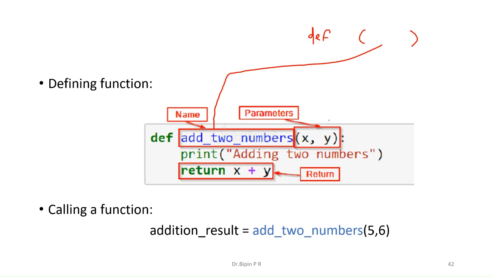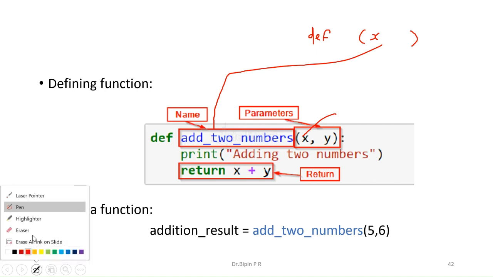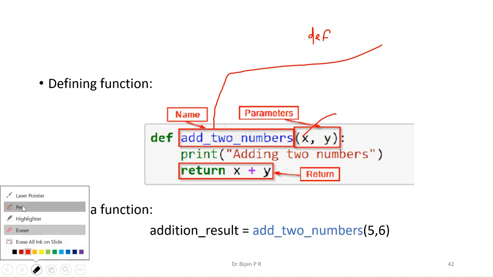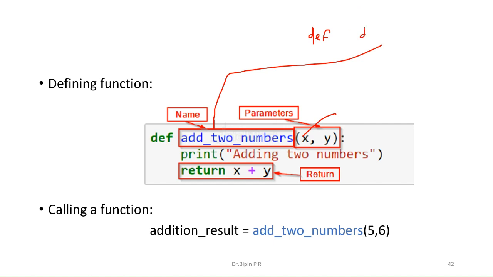For that, we require some variables, that is, arguments. So this is the name of the function, say addition: def addition. Then what are the numbers to be added? x comma y.